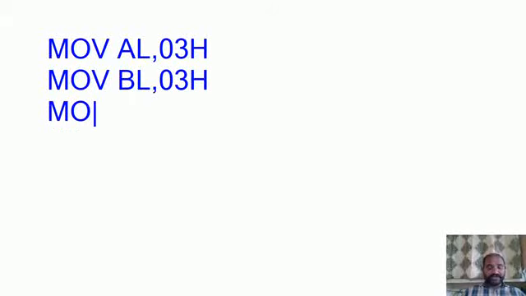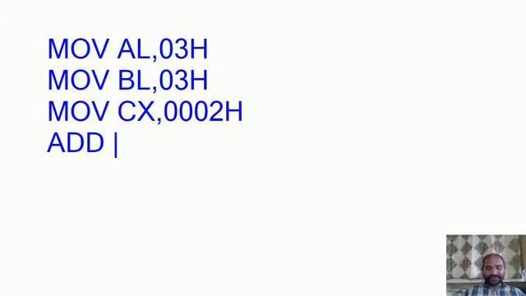I'm going to take the CX register because of how many times I would like to repeat the loop operation. I'm taking MOV CX, 0006h. Otherwise, let me take 2h for the explanation. Followed by that, I'm performing the ADD operation between AL and BL. I would like to repeat this add operation 2 times.